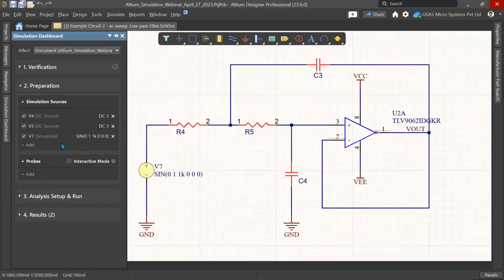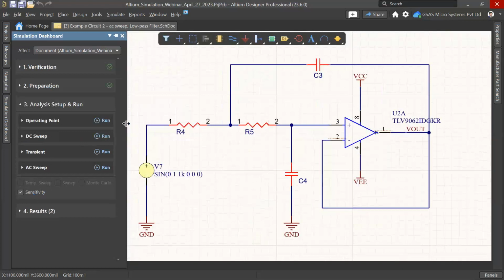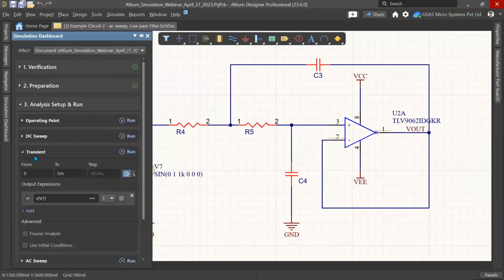We have three voltage sources, and if you want to add any probes, you can add. Now we are going to perform the transient analysis. Here we are adding the start, stop and a step, and we are going to check the output expression of the V7.